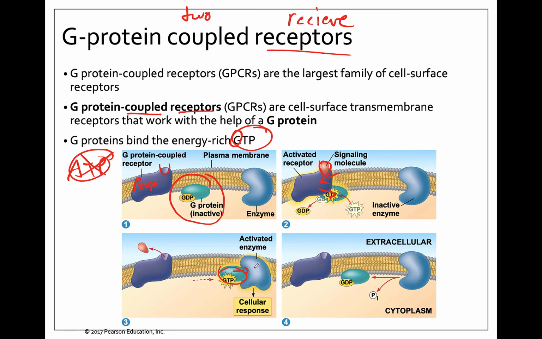So this next step might be the first step in the transduction pathway. So this is a very generic G protein image, but G protein is the largest family of cell surface receptors. So these are the most varied, they have the most different pathways that they're associated with, and these are the beginnings of a very large group of different signal pathways.